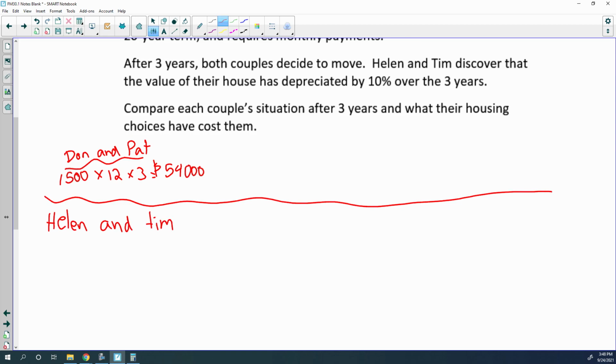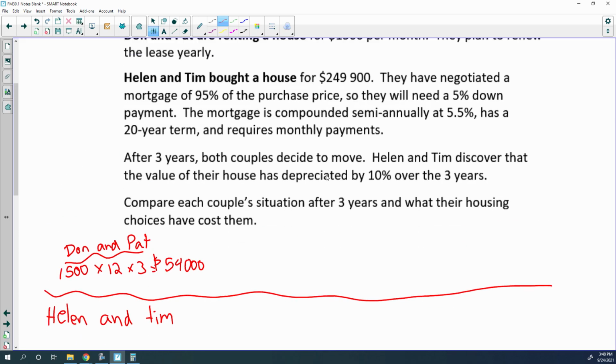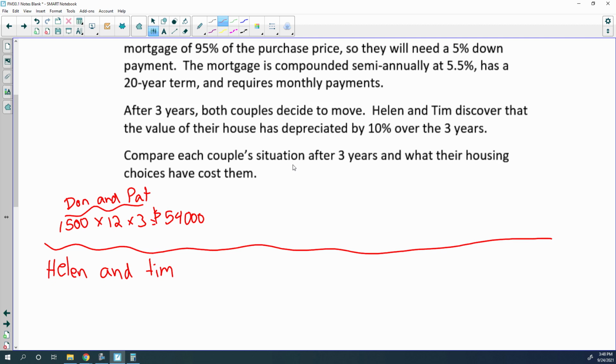So for Helen and Tim, okay, they are buying a house. So first of all, when you're buying a house, you have to figure out how much the loan is going to be. So they have $249,900 as the price of the house, but they have negotiated a mortgage of 95%. So that means they have a 5% down payment. So I've got to figure out what the down payment was.